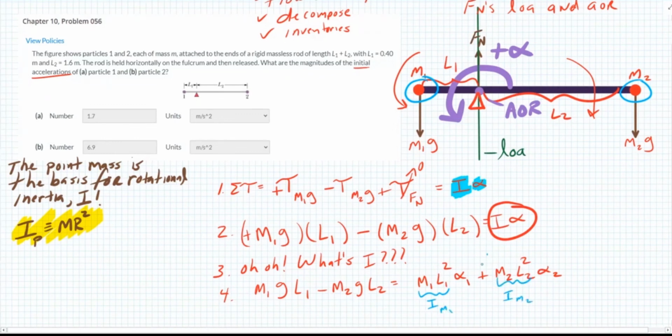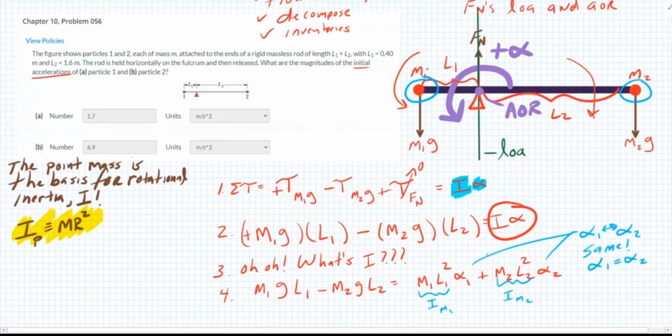Now, here's a great point to make. How does alpha 1 compare to alpha 2? And the answer is they're the same, because they're part of the same rigid bar. They're both sitting there glued to that same massless rigid bar. Alpha 1 equals alpha 2. And then here's sort of my litmus test.